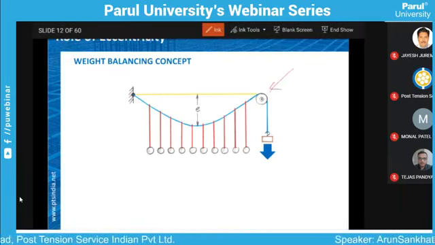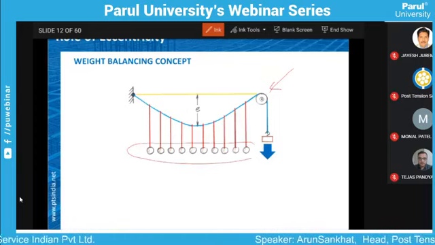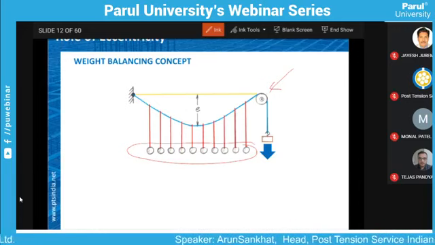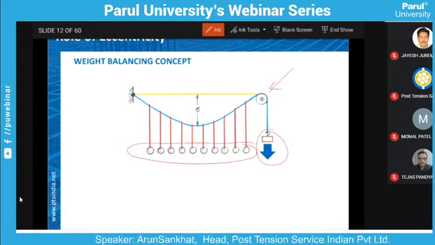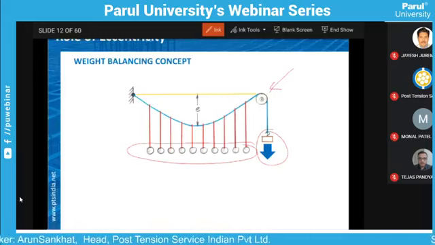And the tie is actually subjected to certain weight, so it is a UDL, and it has a certain counterbalance on the other side. So that is the weight, or that is a force actually, in the blue cable, right?